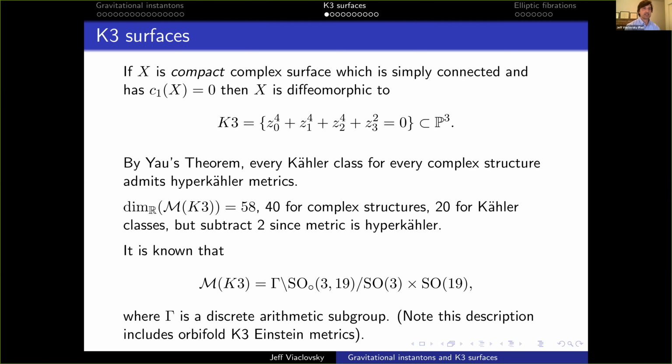I'm not going to get into details of this, but roughly the second cohomology is 22-dimensional, and then it's hyperkähler, so the 3 Kähler forms span a positive definite subspace. So you get this Grassmannian of positive definite 3-planes in this indefinite 22-dimensional space. Note that this description includes orbifold K3 Einstein metrics.